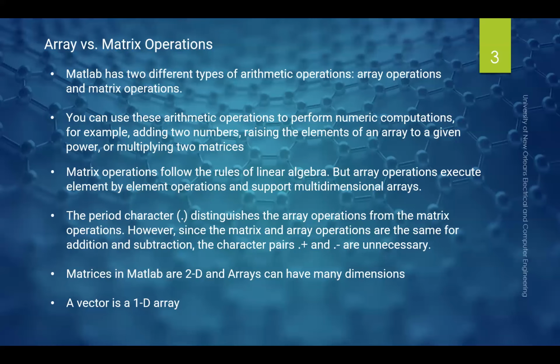An array can have one or more dimensions. So an array with one dimension is the same as a vector. An array with two dimensions is the same as a matrix in general. So you can think of it as everything is an array, and then depending on the dimensions of that array, if it's got two dimensions, we call that a matrix. If it's got one dimension, we call that a vector.